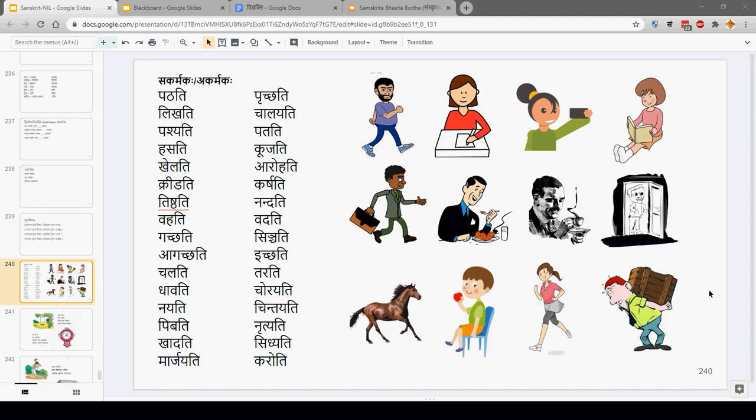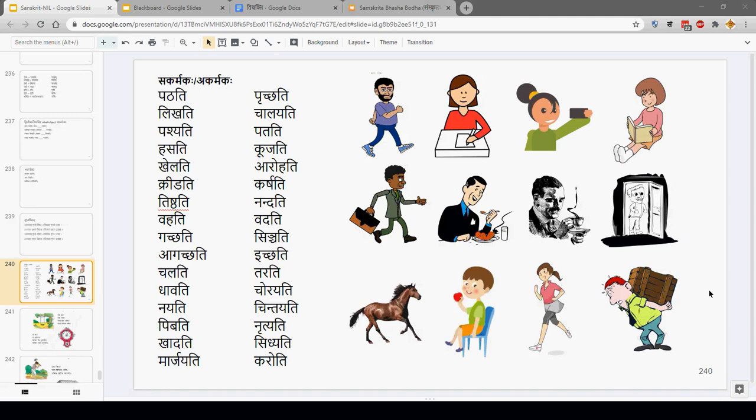Dhavati. Intransitive. Dhavati is also intransitive. It just means runs. Nayati. Transitive. Yes, nayati means carries, transitive. Carrying something. Then this one is tishtati.